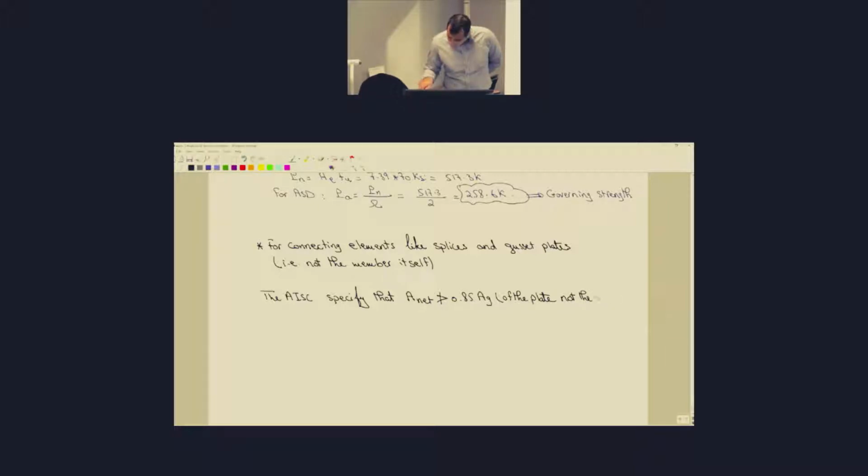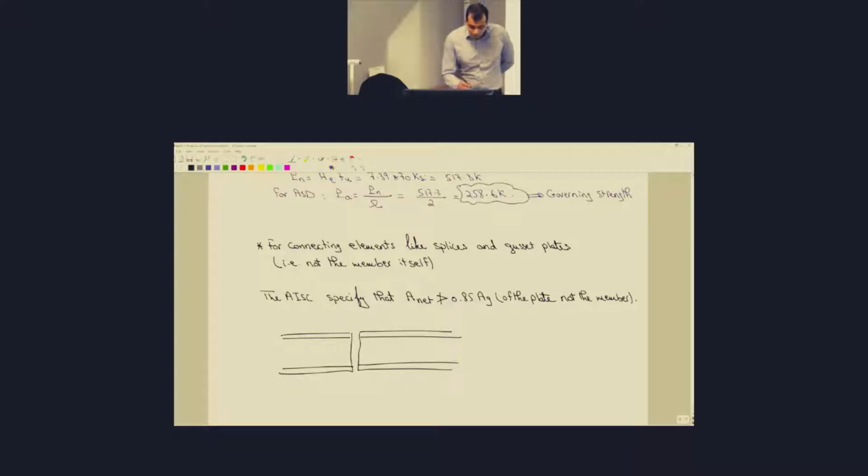Or not the member. So for example, let's say you have a W shape like this, and you're connecting it to another W shape by plates like this. So that's what we mean by this statement.